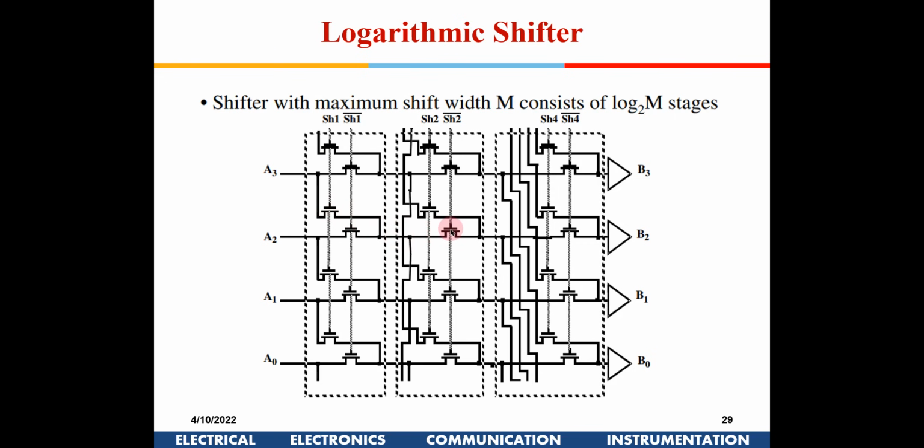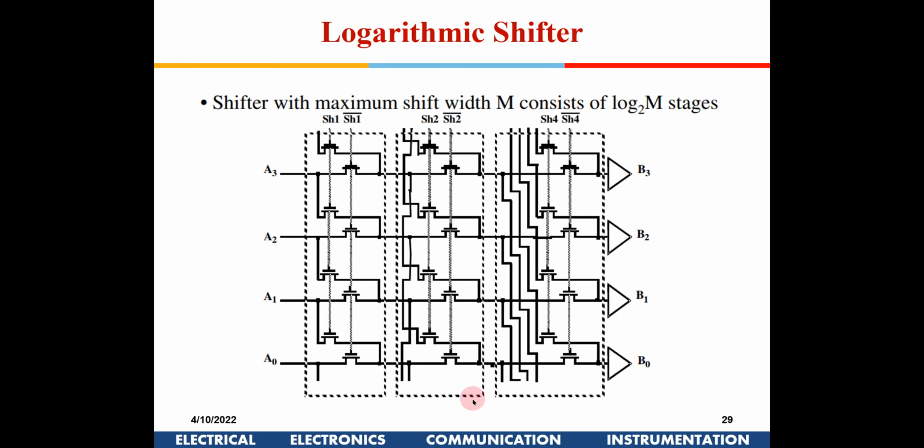And then this is off out here, so it will come here and shift 2. So if you just track this signal, it will come from here. This transistor is on, so that will come here. Now A3 is finding a path when both are high to come to B0 through this transistor and through this transistor. So that is the way you can have 4 different combinations with just 2 bits.